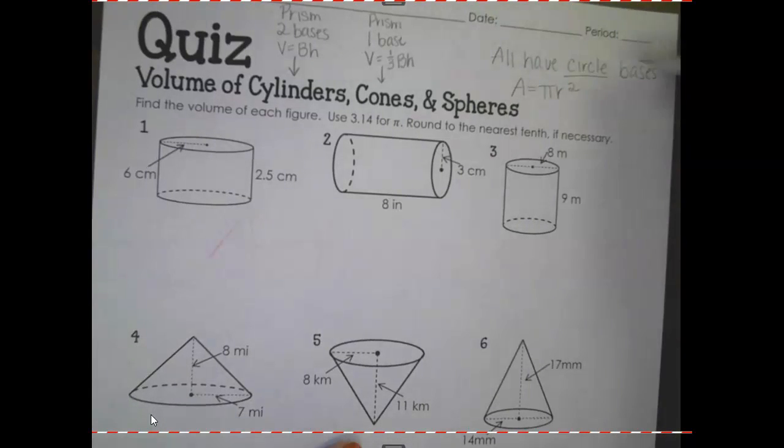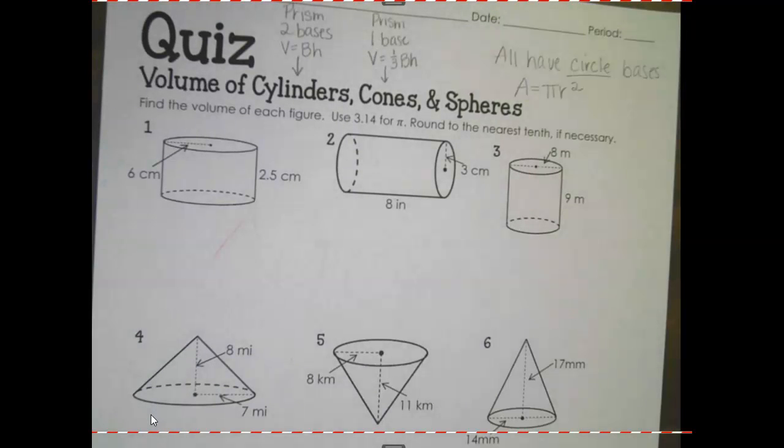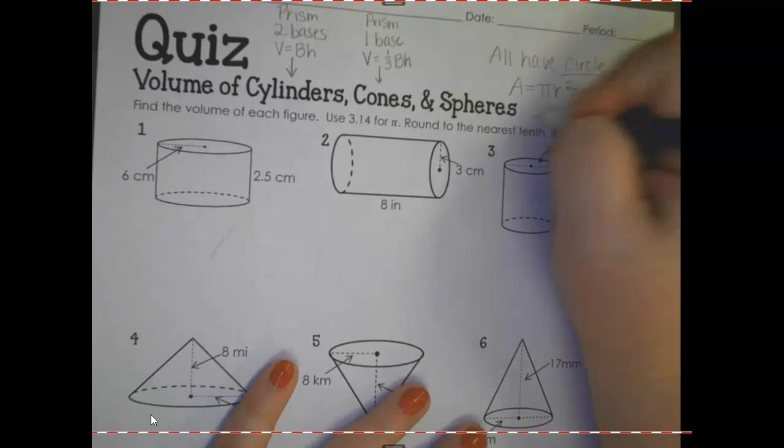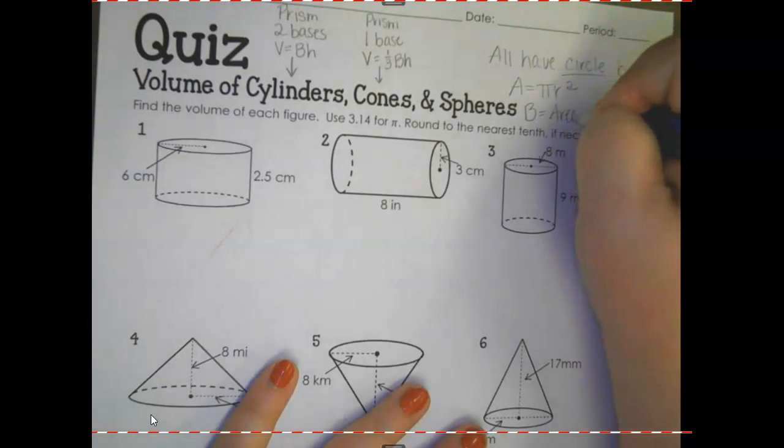So we're going to be using our area of a circle. Now, when we do talk about spheres, we are going to find out there's still pi involved, there's still radius involved, because even though it doesn't have a base of a circle, it's still circular in a way. So, our big B stands for area of the base.